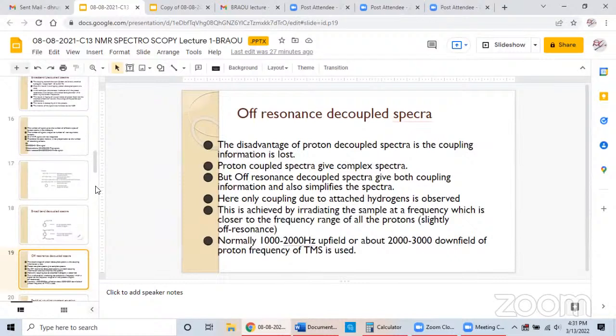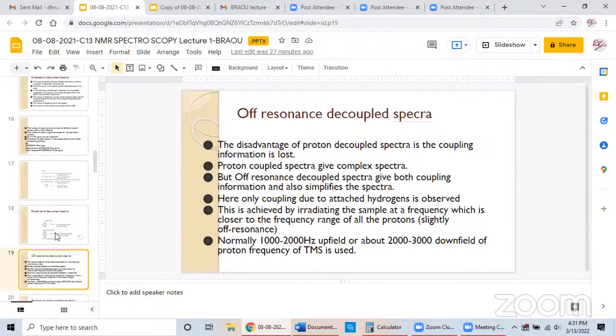It's only residual coupling due to attached hydrogens that is observed. That makes the coupling multiplets easier to identify, because the coupling constant is reduced. We just see doublets, triplets, quartets as we see in proton NMR. Simply we can see very easily.